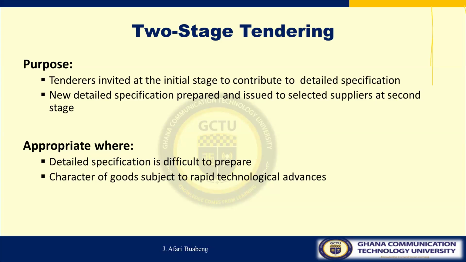It is appropriate where a detailed specification is difficult to prepare. And because it is another form of less competitive method, you will need approval. So your request letter must capture this condition.